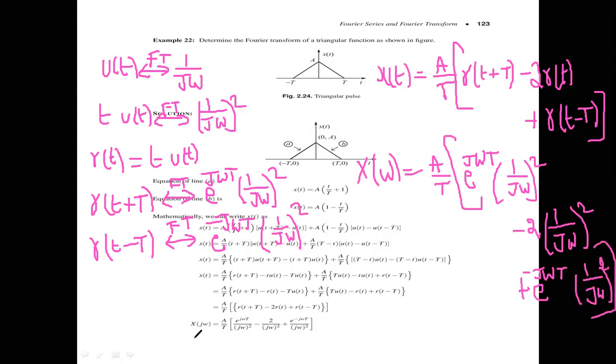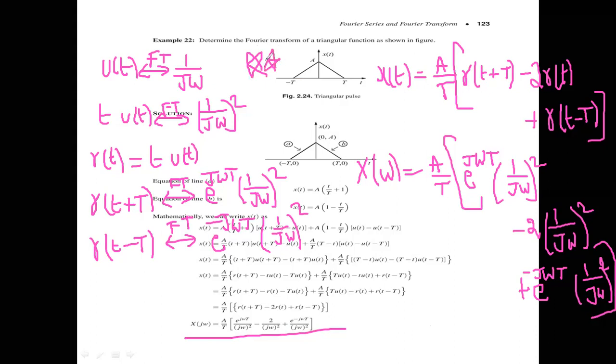We got the same thing here: X of j omega is equal to A by T, e power j omega T whole divided by j omega whole square, minus 2 into 1 by j omega whole square, plus e power minus j omega T by j omega whole square. It's a very, very important matter, students.